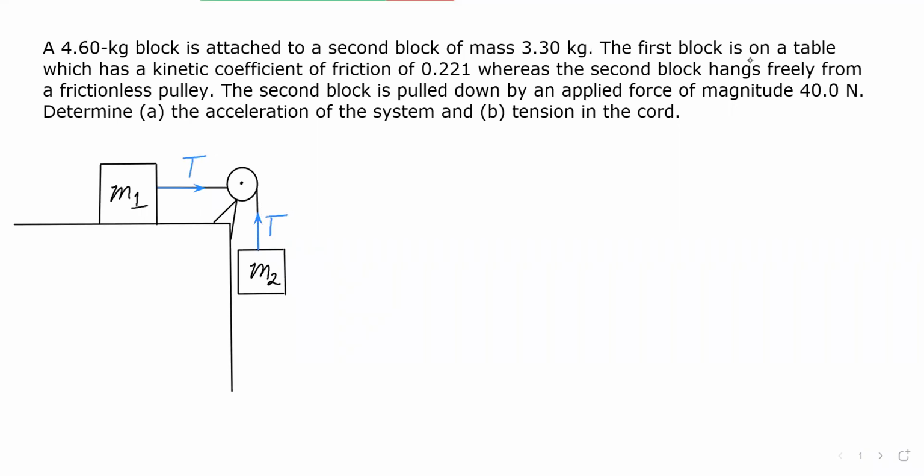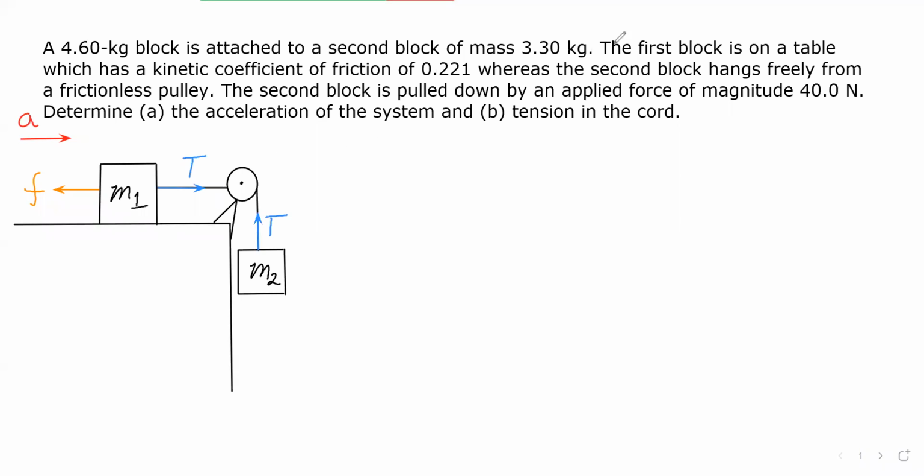Okay, next, we do have friction this time. So friction acts to the left if the block moves to the right. So the block will move to the right.